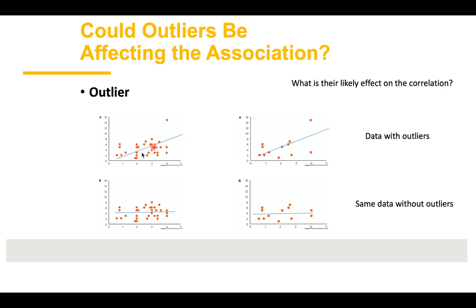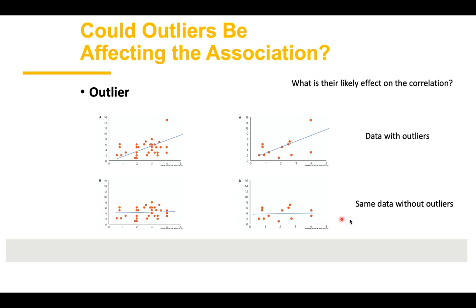If we remove those single data points, going down to our B scatter plots, just by removing a single data point that is an outlier, we end up with a completely different relationship, a completely different slope of our line of best fit, such that if we were to look at the scatter plots for our two Bs, then we would say there's no relationship.